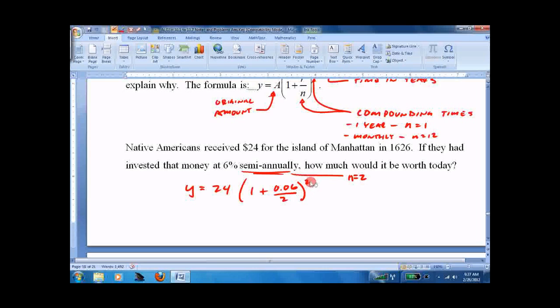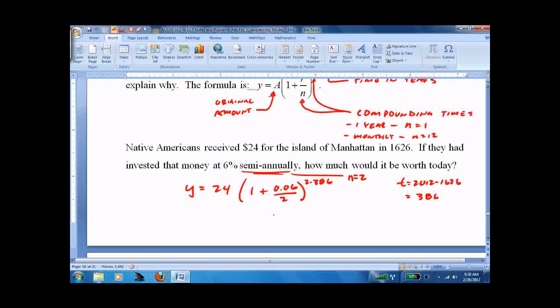And 2 times t, where t equals 2012 minus 1626 equals 386 years. Long time. Put all this in the calculator. And we get a big number.